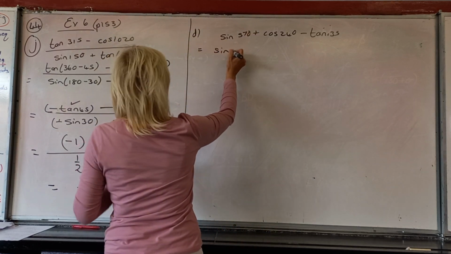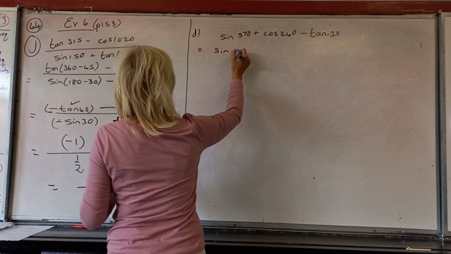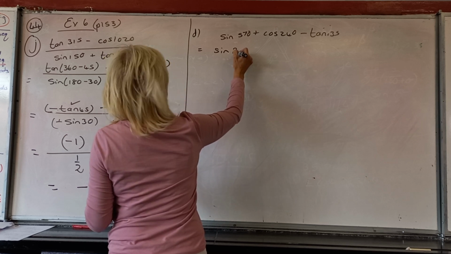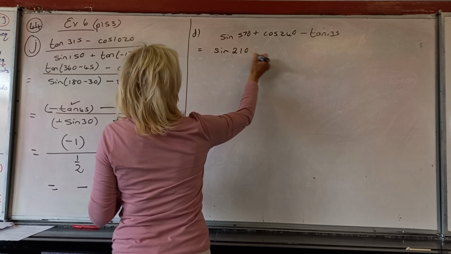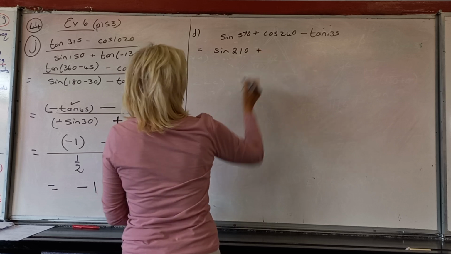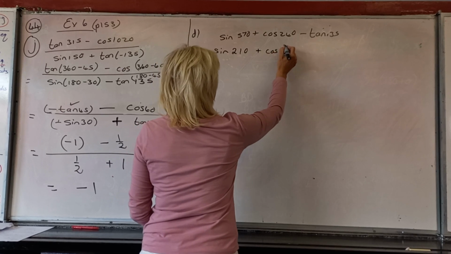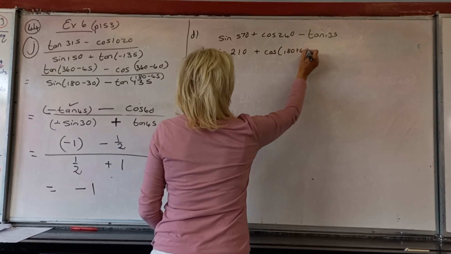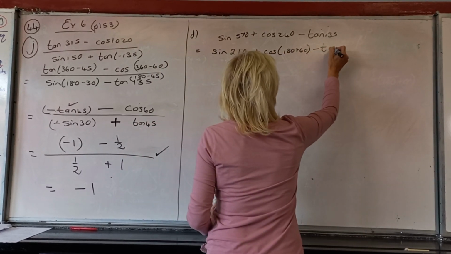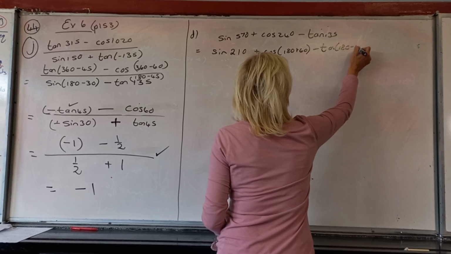Minus 360 gives me? 210. Right? And cos 240, what do we do with that? 180 plus? 60. And then? 180 minus 45.